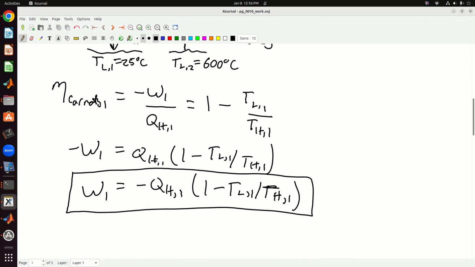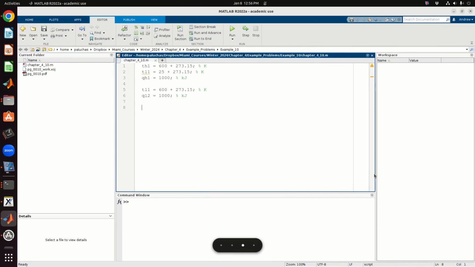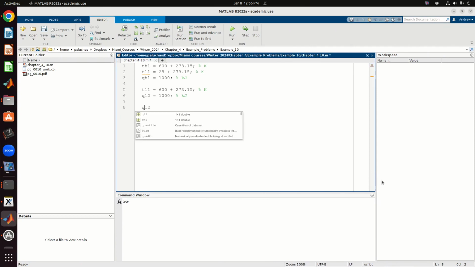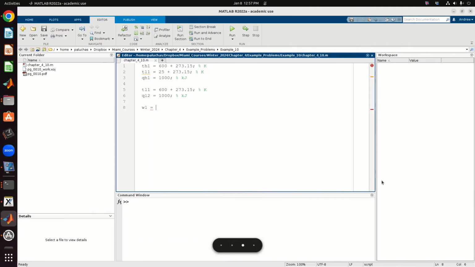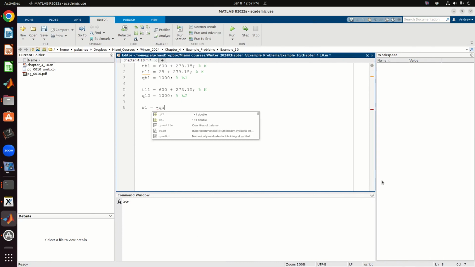We'll go ahead and perform our calculations. Just to be clear with units, this is a ratio of our absolute temperatures, so this term in parentheses is dimensionless. So W1 is going to have the same units as QH1, which will be kilojoules. So it's just a matter of keeping track and being consistent. Okay. So W1 is going to be equal to negative QH1.